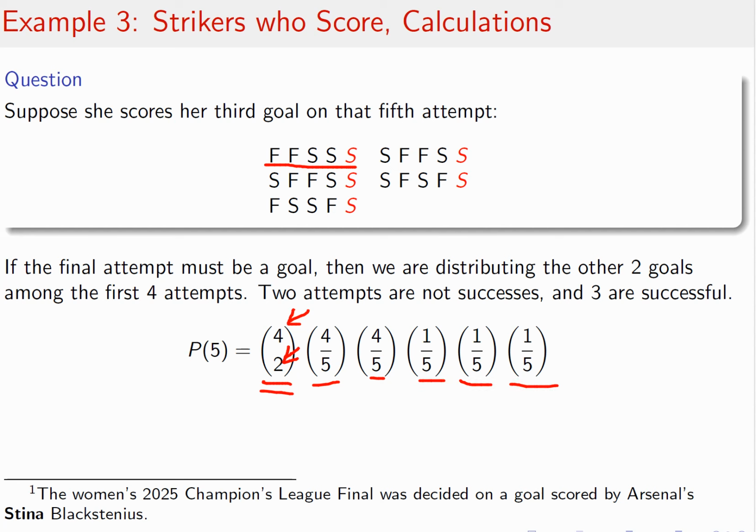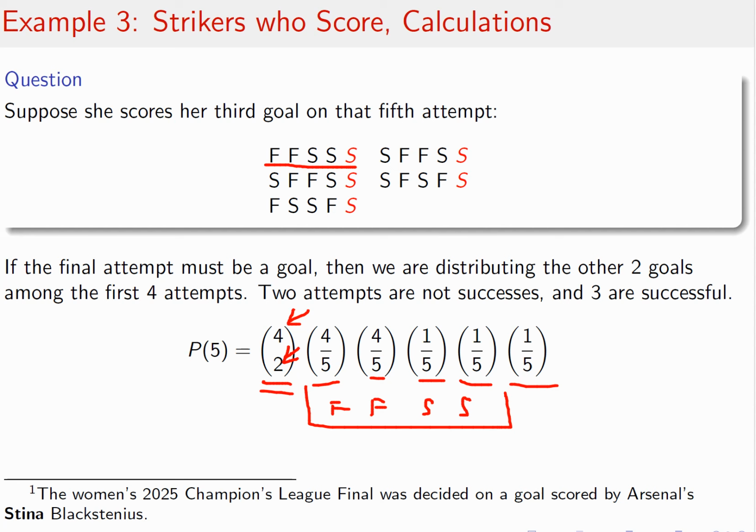Now, I know that we could use powers, and we generally do, but I expanded it and wrote it out long form. So you'd see that all the pieces that we talked about on the previous slide are here, right? 4 choose 2 is doing what? It's all the different ways we can permute all the different combinations of 2 S's and 2 F's in the first 4 slots, right?